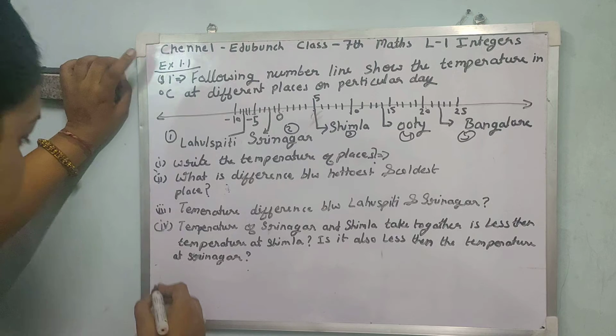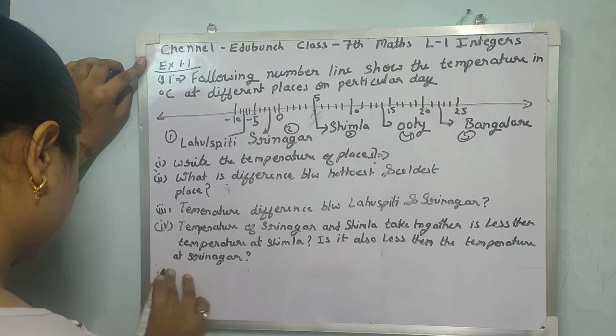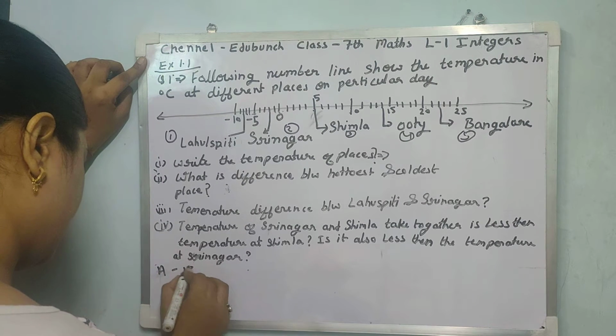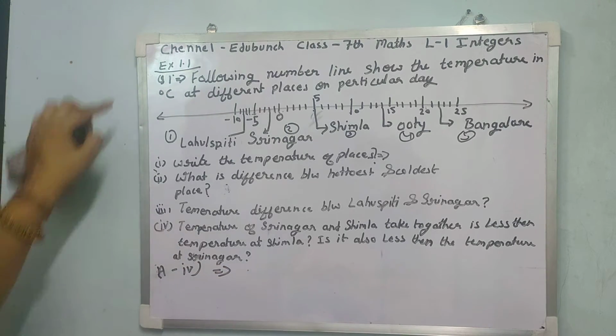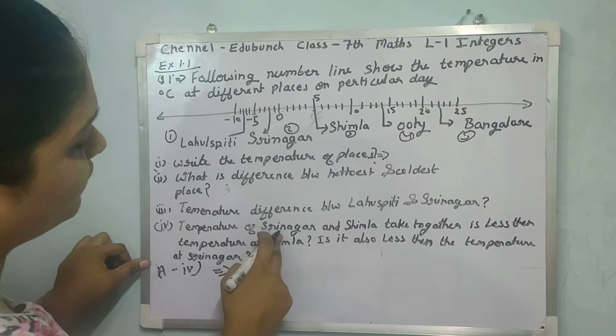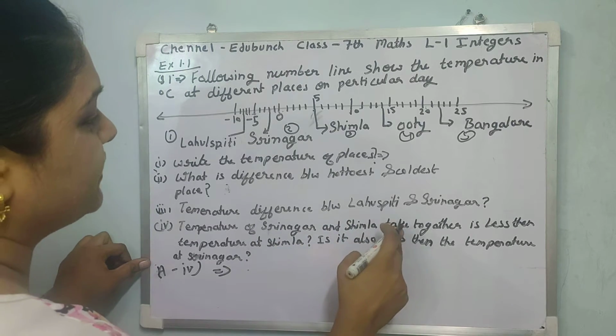The fourth part is, we write A and Roman counting 4 here. Temperature of Srinagar and Shimla taken together.